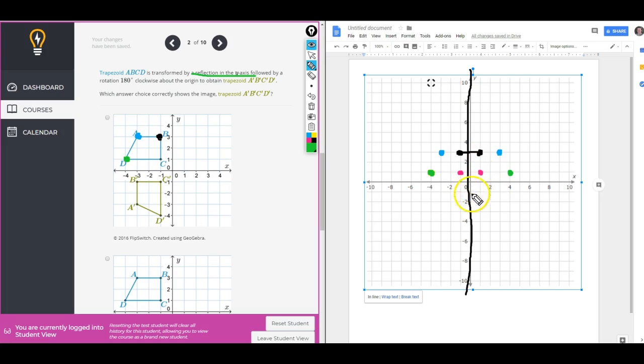So what I am going to do, this is where I draw an L like this. And that is because I can easily rotate this L 90 degrees. So this would be 90 degrees clockwise. That means this long side would now be facing this direction and that short side would be straight down.